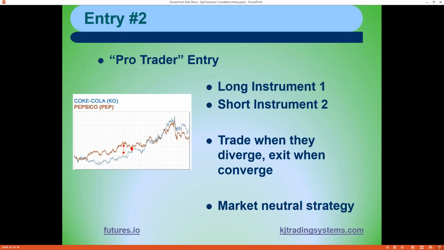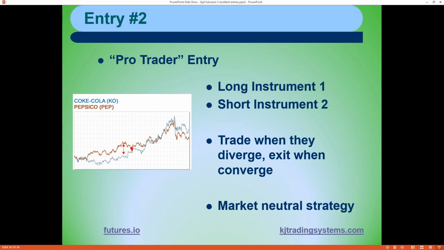Here's an example with Coke and Pepsi. It probably doesn't even work anymore because so many people have seen it, but you can see the price of Coke and Pepsi where I show the red arrows. They've separated from each other. If you think, hey, Coke and Pepsi should be tied together because they're both making similar drinks, they should eventually get close.